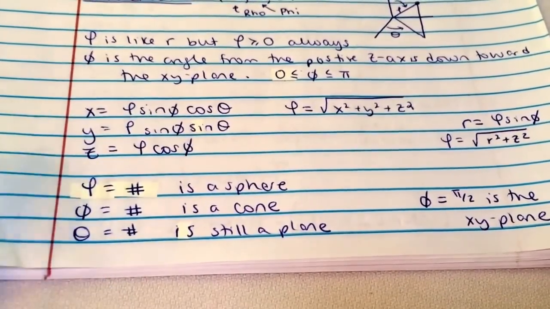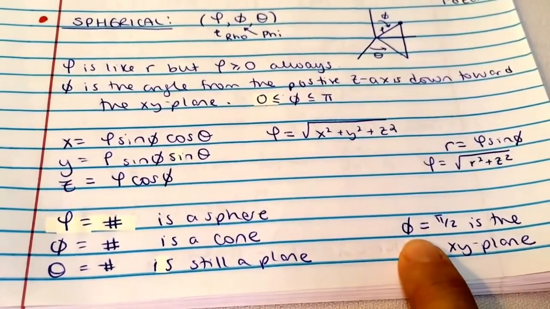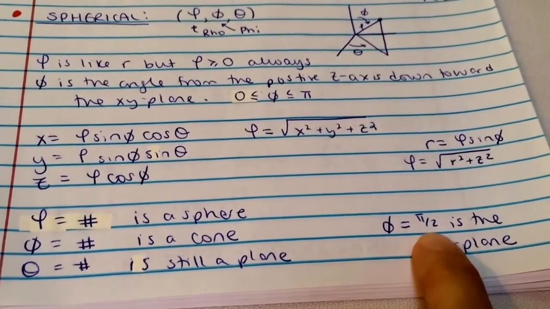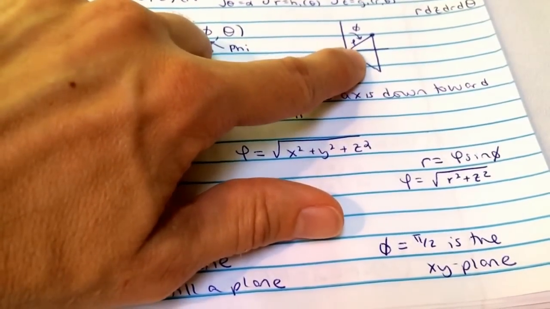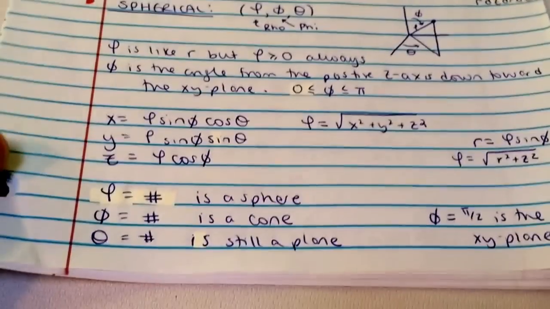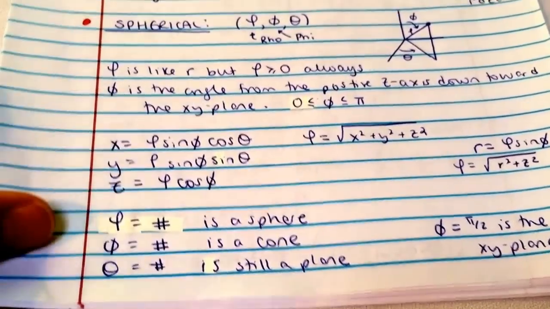If theta is a number, it's still a plane, just like it was in cylindrical. And for the specific case of when phi is pi over 2, it tells you how far you're falling. If you were at the z-axis and you fell pi over 2, you'd be in the xy plane. So that would be the xy plane. So there are a couple of special cases. Again, that stuff at the bottom is not necessarily in your notes in that form.